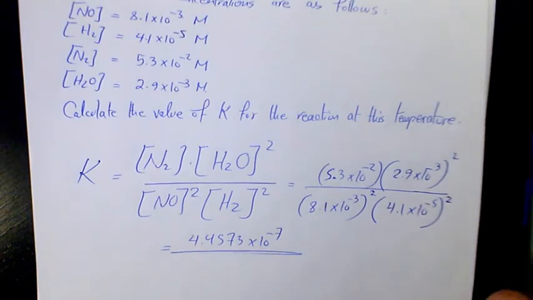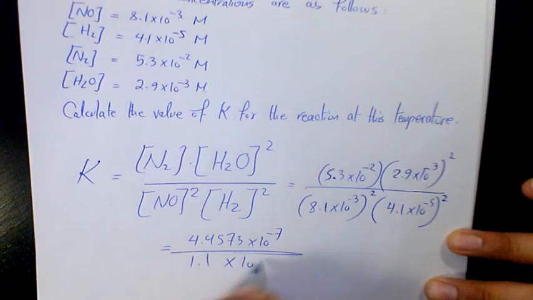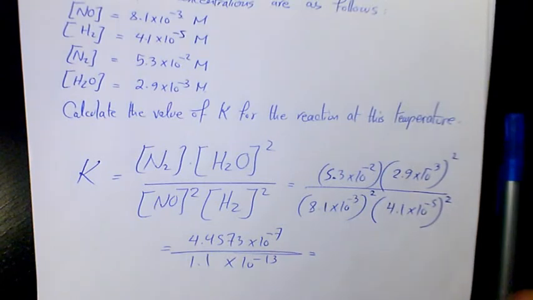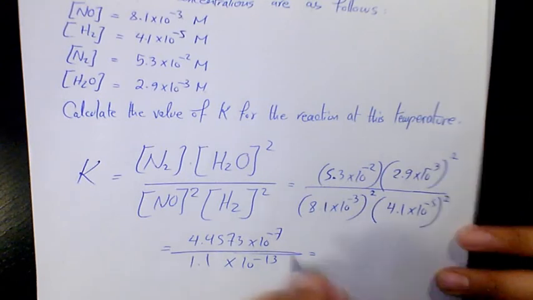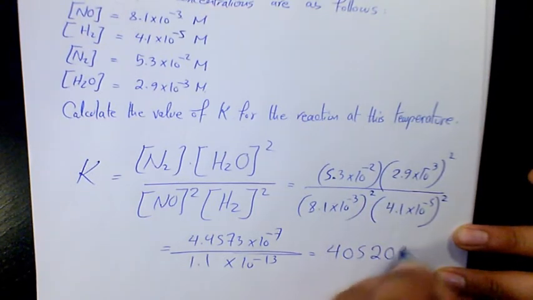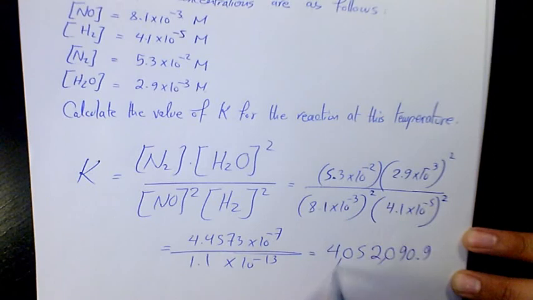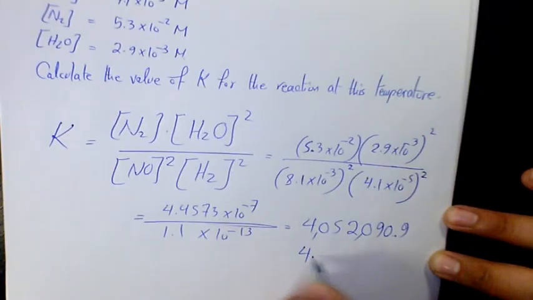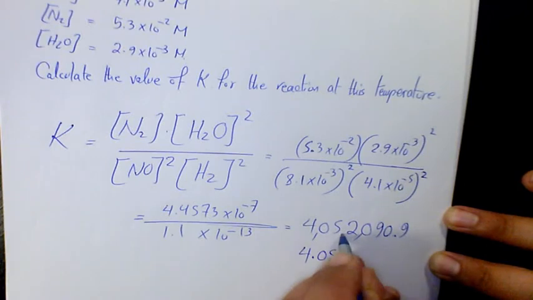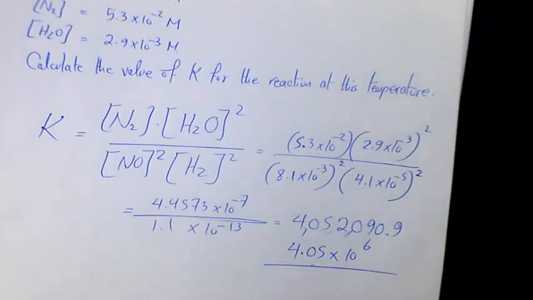Denominator is 1.1 times 10 to the power of negative 13. It's going to be 4052090.9, or we can say 4.05 times 10 to the power of 6. That's going to be the K value.